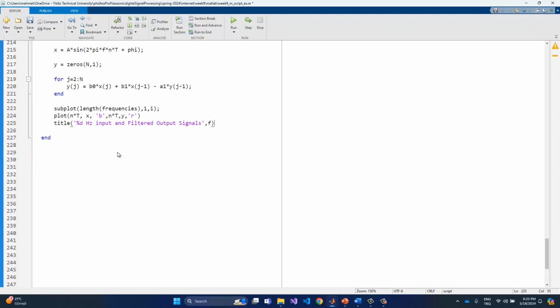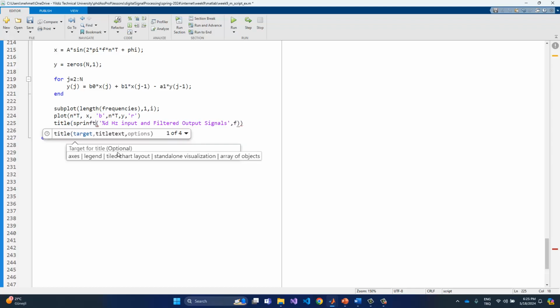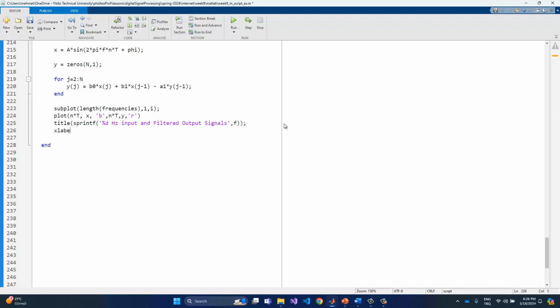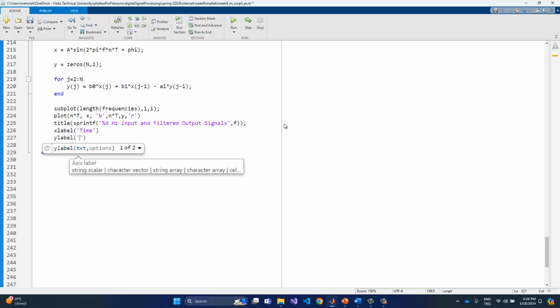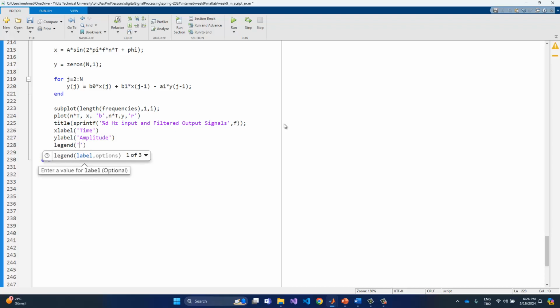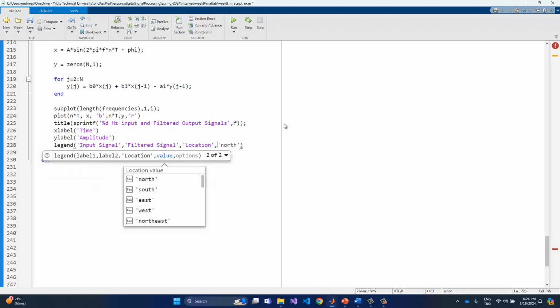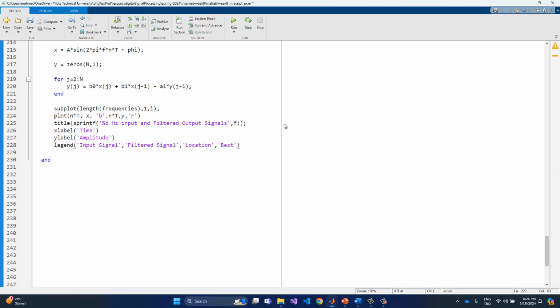But we need to use sprintf in here because we need to fill the percentage d. Okay, so xlabel time, ylabel amplitude, and also the legend of these terms, the input signal and the filtered signal, and the location best. Okay, so grid on should also be given in here.